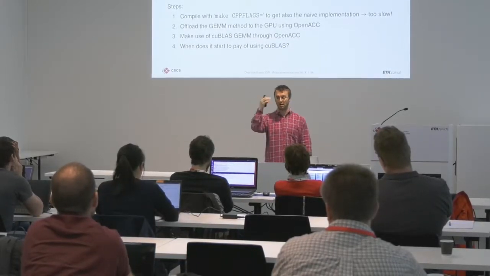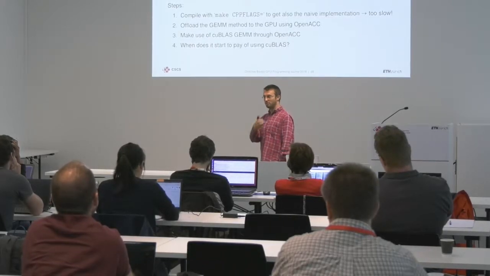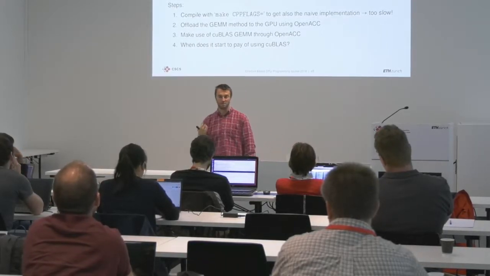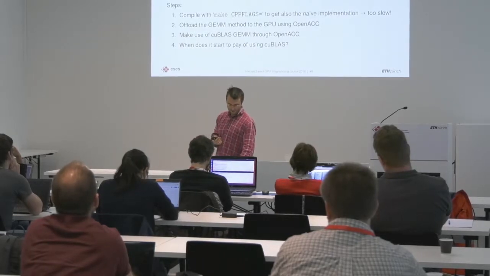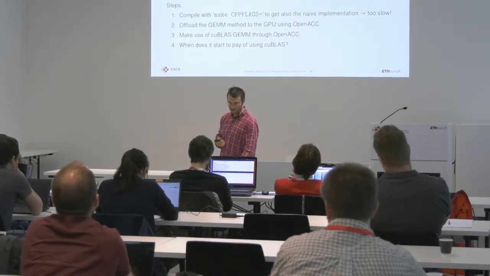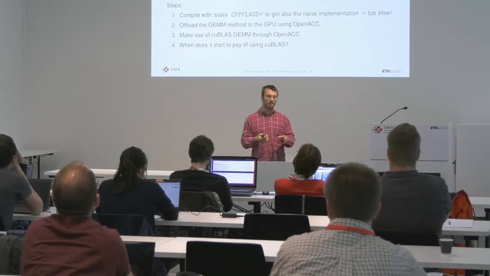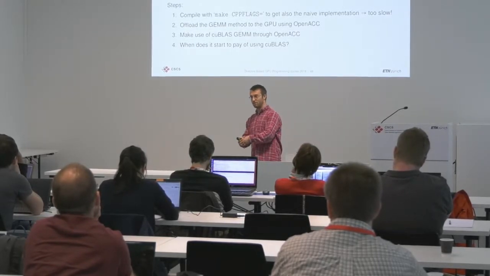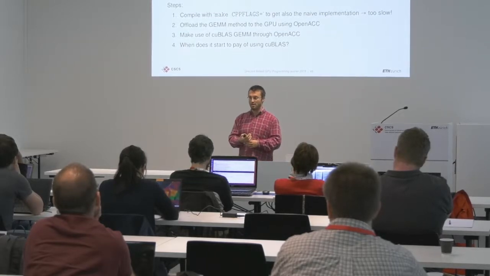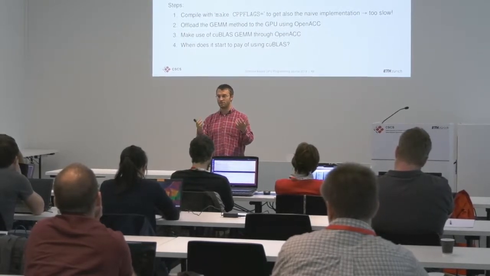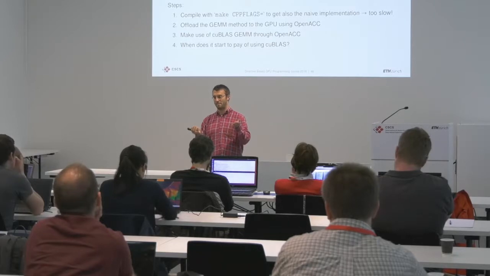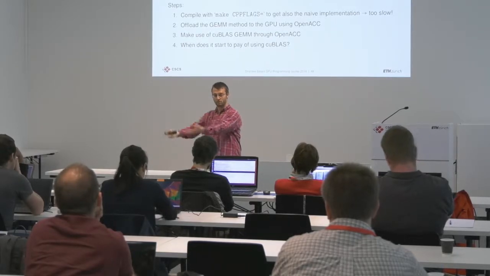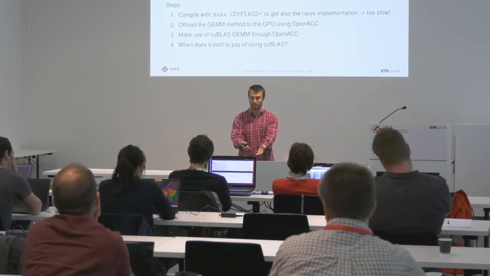You just sweep once through the array, and you have your product. So what does this mean? It means you have to load the matrix and do the computation, so you have a constant rate of memory accesses versus computation.